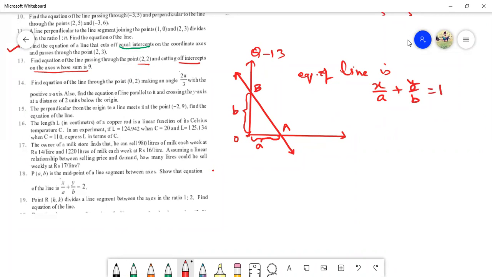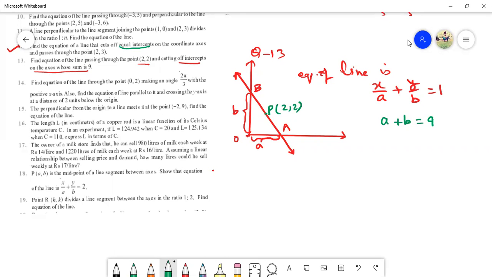Now the condition is this line is passing through the point 2, 2. So you can write one point P is lying on this line whose coordinates are 2, 2. And the cut off intercepts on the axes have sum A plus B, which means A and B, their sum is equal to 9. These are the given conditions.